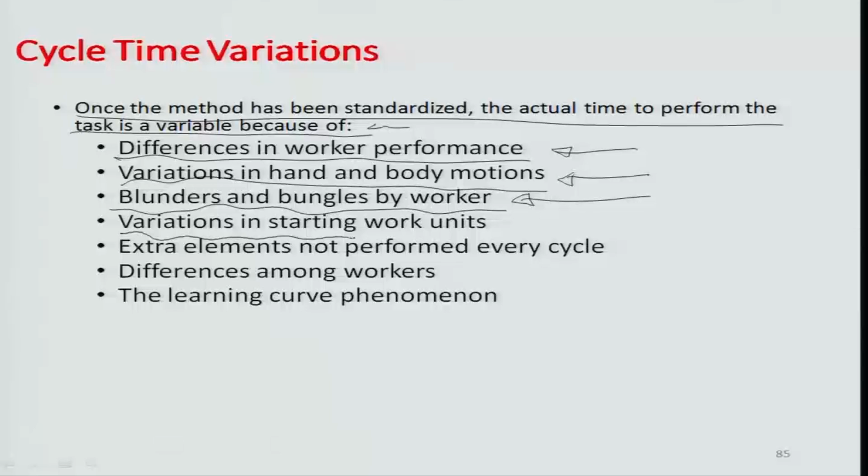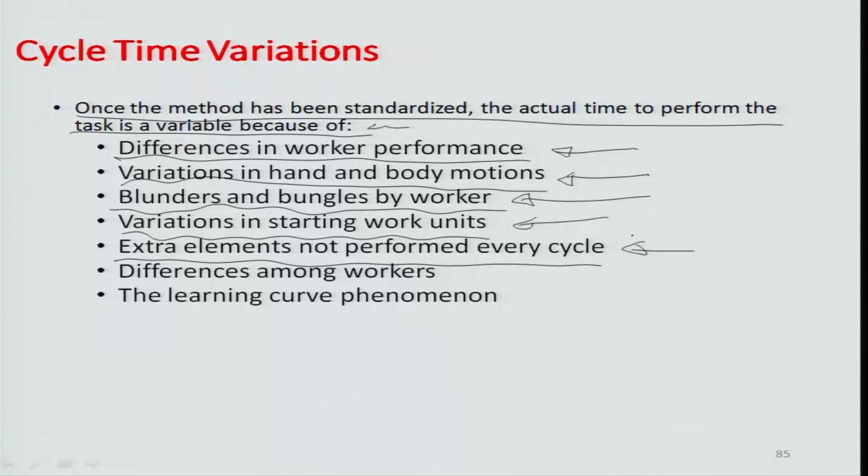So, their performance would vary based on that, and cycle time would vary based on that. There are variations in the starting work unit. Supposing the start work unit arrives late to a particular station, obviously the cycle time would vary based on how late it is arriving per unit of operation that is being done by that workstation onto the different work units. Then there are extra elements not performed on every cycle which could result in some kind of cycle time variations.